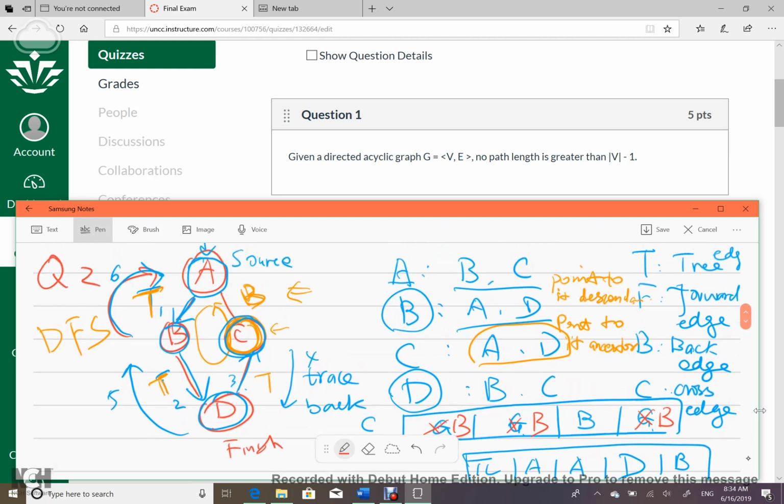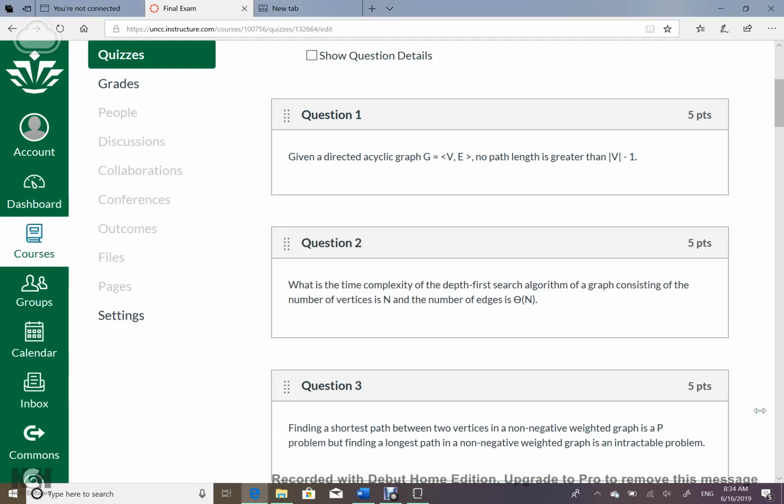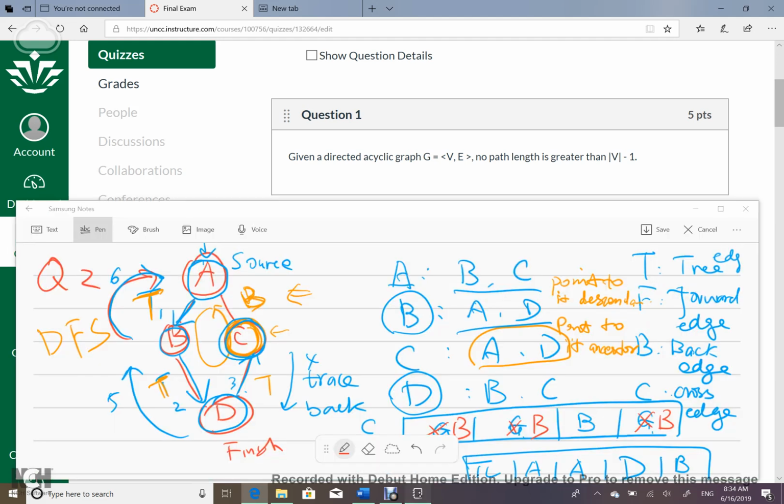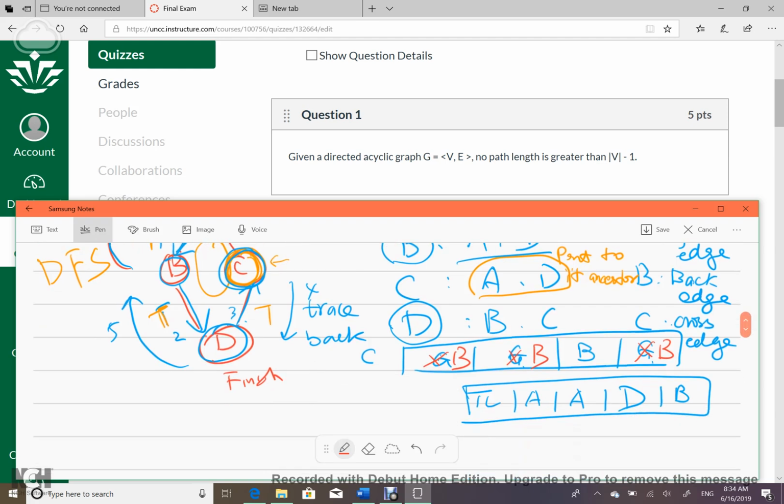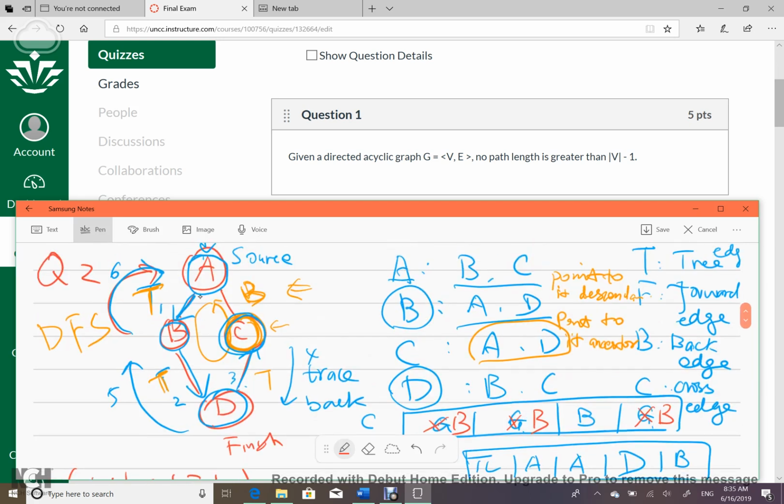So go back to this question. We see what is the time complexity of the depth first algorithm. In this depth first algorithm, since we have to follow the vertices and follow the edges, definitely the runtime is equal to V plus E, the number of V plus the number of E, because you have to access all these vertices, right?